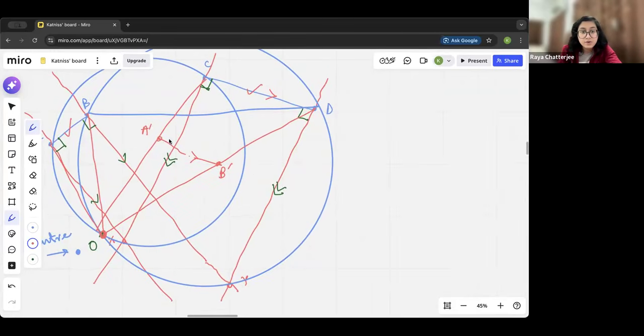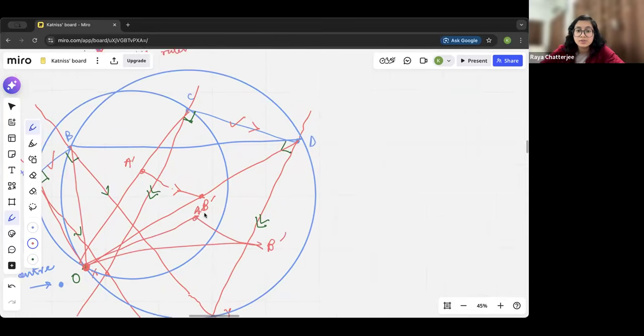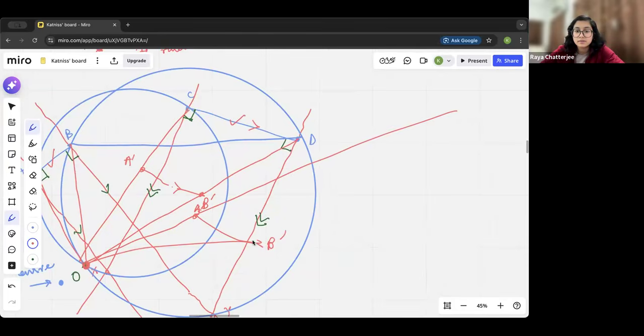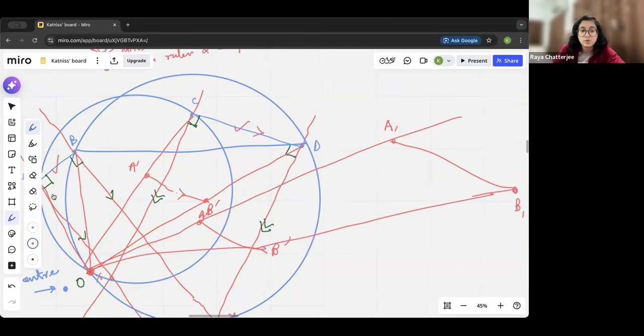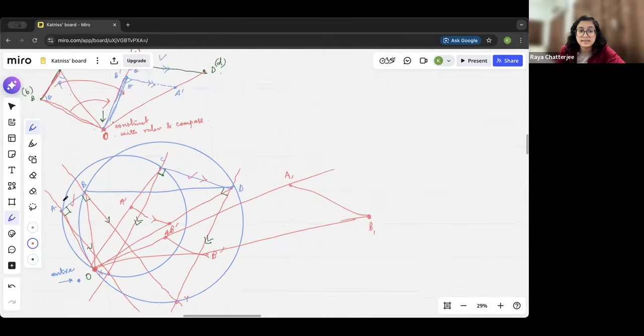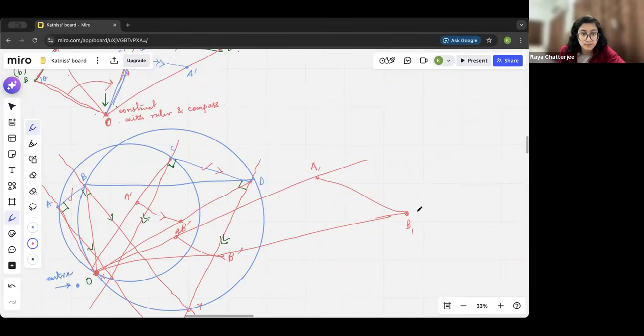But if you rotate this triangle a little more, and then dilate it like this, to get A1, B1, then O is also the center of spiral similarity that sends AB to A1, B1, right?